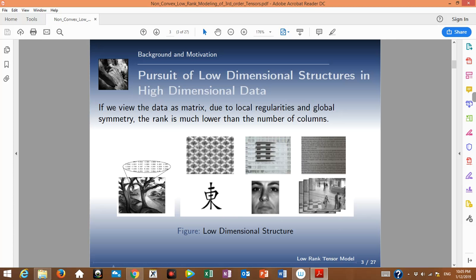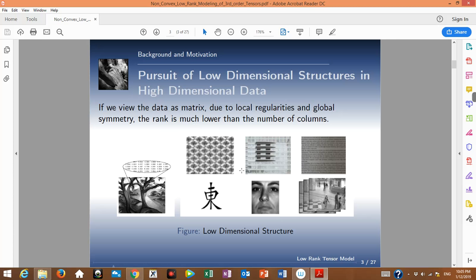So if we store those images as matrices in MATLAB, those matrices are always of low rank. Low rank means that the matrix has a rank much smaller than the number of columns. So this is called the low rank property of the images.